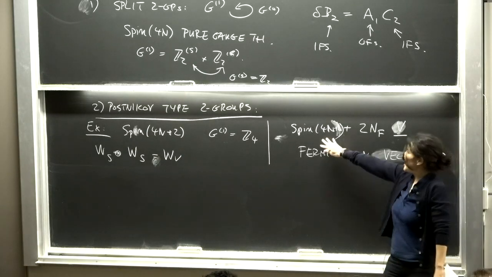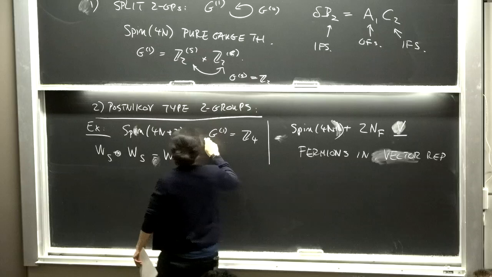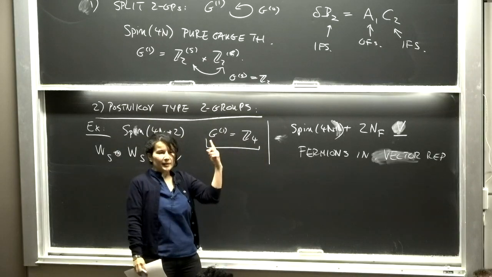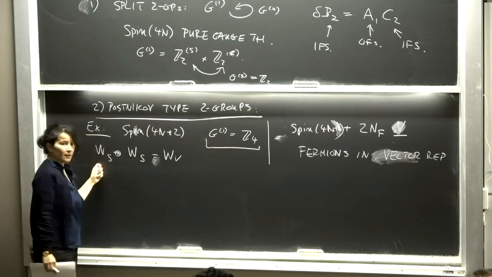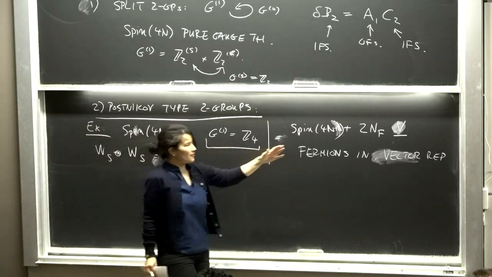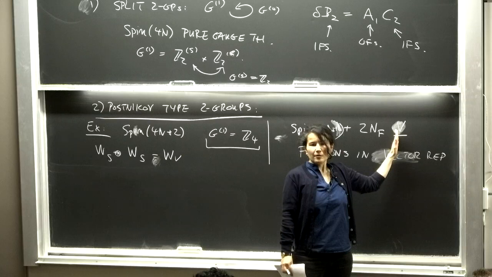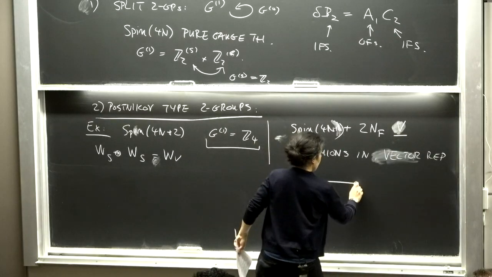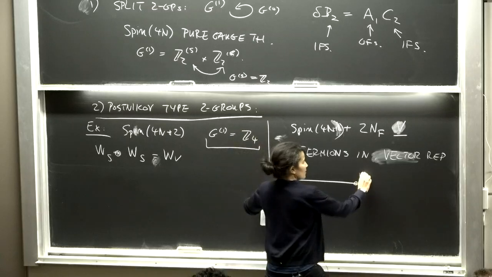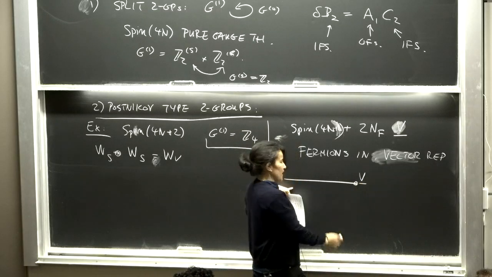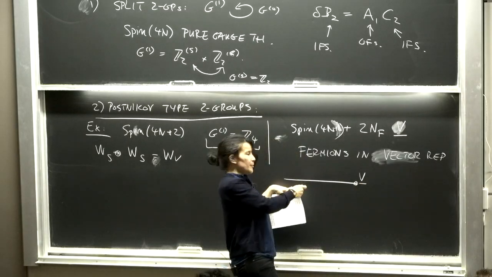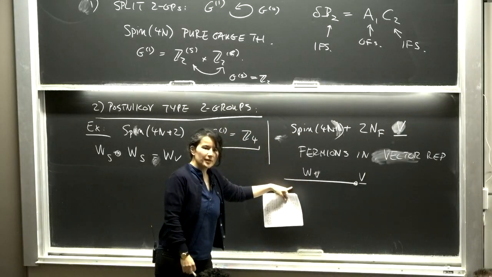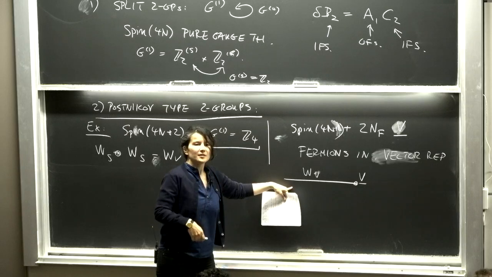I have spin 4n plus 2. It has the one-form symmetry, which is Z4. In the Z4, the one charge is the spinor line, right? And so if I add the vector matter, I screen, so I basically now I can end with V. So I can't end the W_S, but I can end the W_V, yes? So what is the group? Z2.